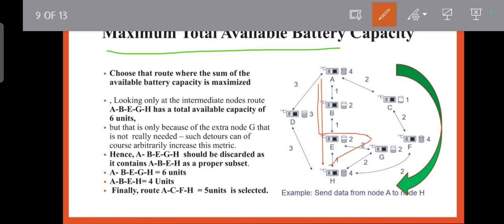For the path A, B, E and H, my intermediate nodes will be B and E. What is the battery capacity for those nodes? For B, the battery capacity is 2, and for E, it is 2. So for this connection, the battery capacity is 2 plus 2, that is 4 units.